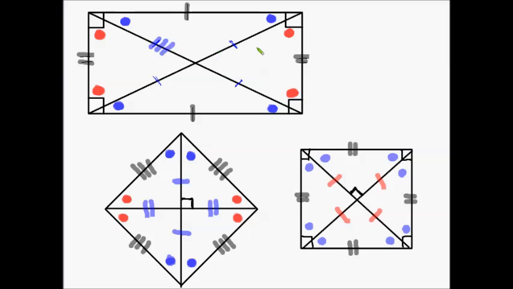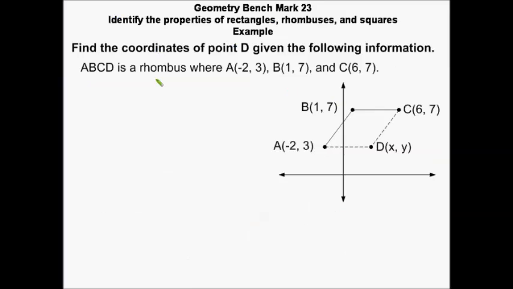I should make this 3s. Sorry, I'm making these 3s so that you don't get confused that they match those. Okay. We want it to be a rhombus. This is going to be the same thing as what we were doing yesterday. I want this distance traveled from here to here to be the same as from here to here.